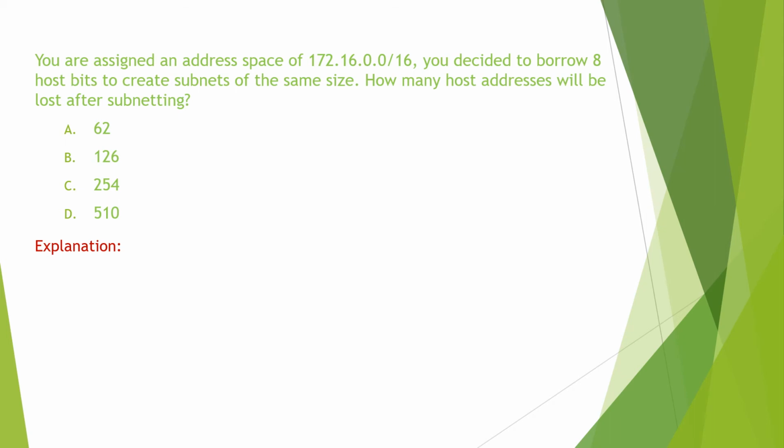The question reads, you are assigned an address space of 172.16.0.0/16. You decided to borrow 8 host bits to create subnets of the same size. How many host addresses will be lost after subnetting?